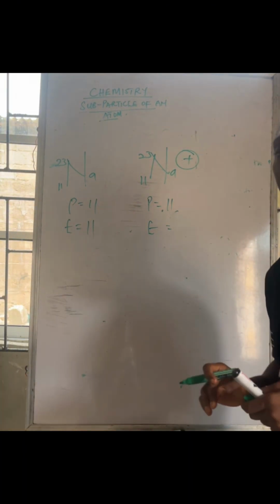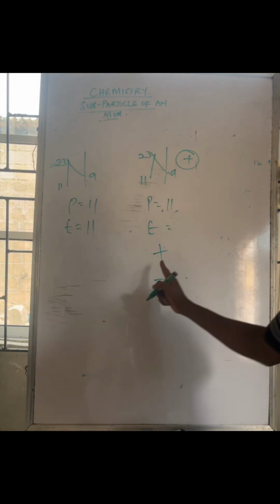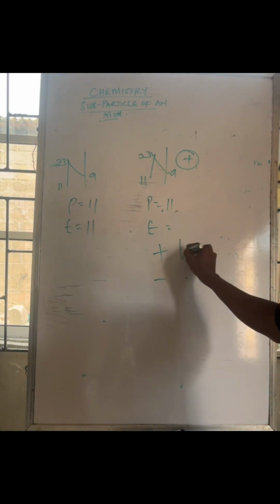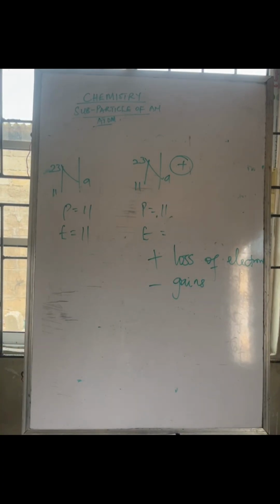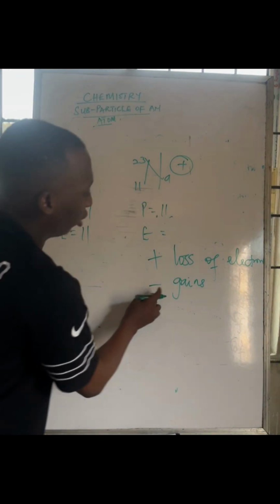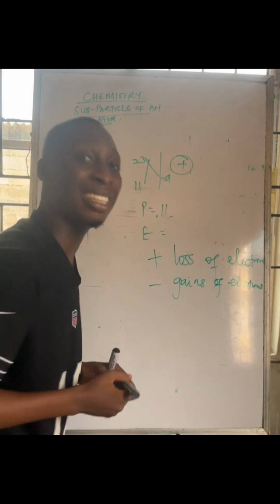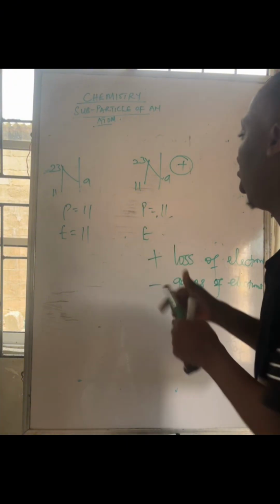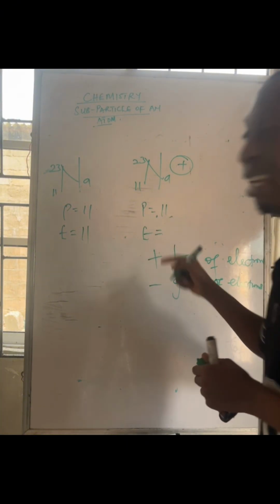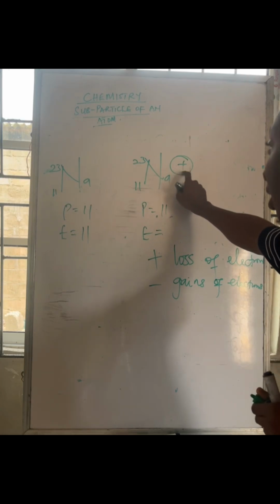Take a good look at this. Now, one thing you need to understand is that here, plus denotes or represents loss of electrons. Now, minus denotes gain of electrons. Pay attention. Now, how do I get to know the number of electrons here? Simple. Look at this particular sign here. What sign is here?